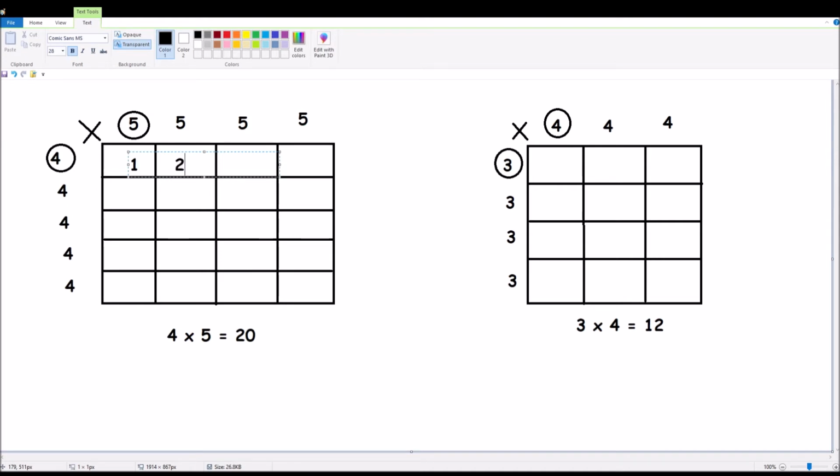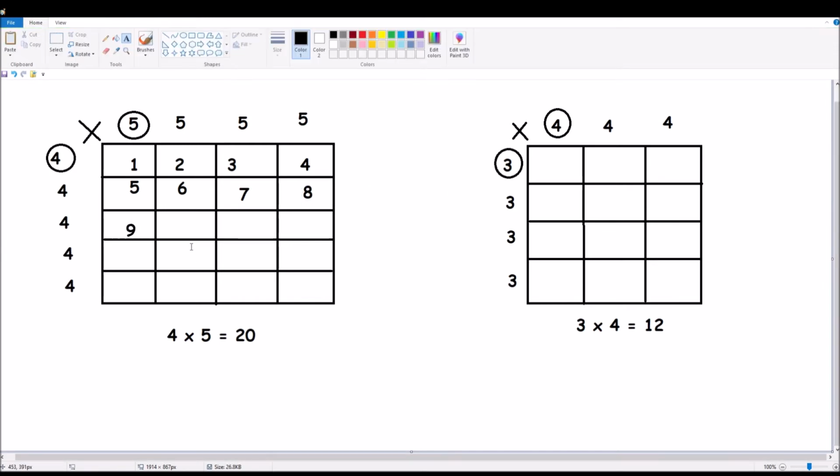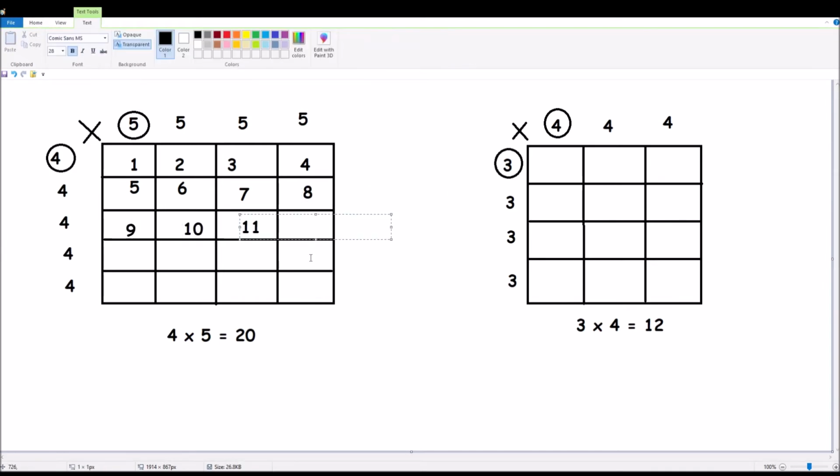We got 1, 2, we've got 3, make that a little larger there, 4, we've got 5, we have 6, I'll start putting them in individually, 7, 8, we have 9, 10, we have 11, 12, 13, 14, 15, 16, 17, 18.